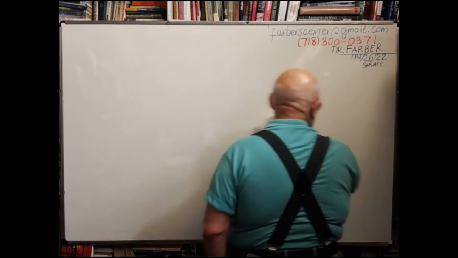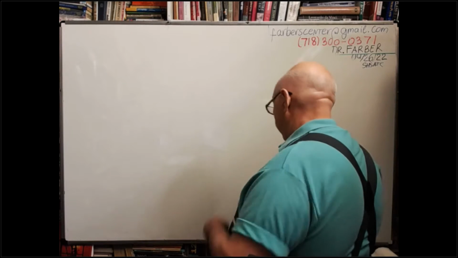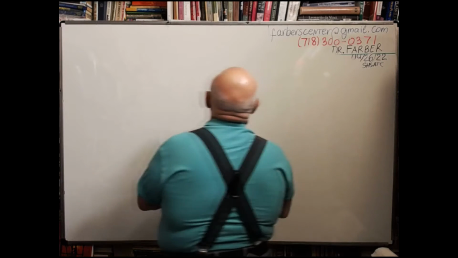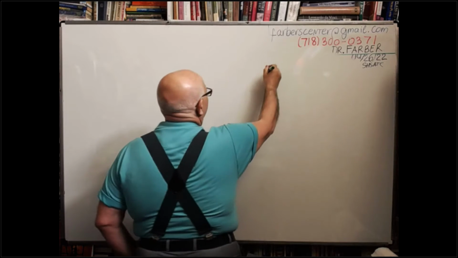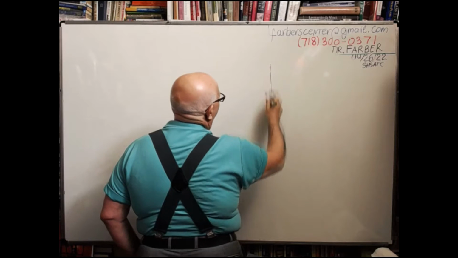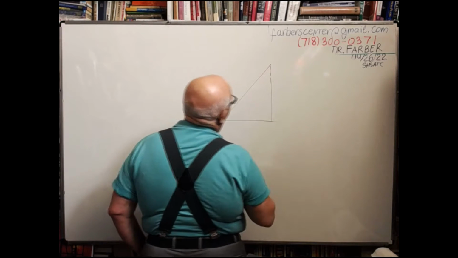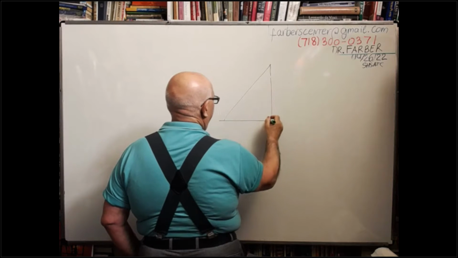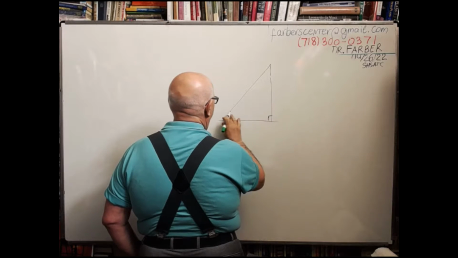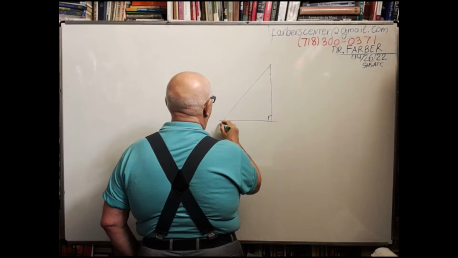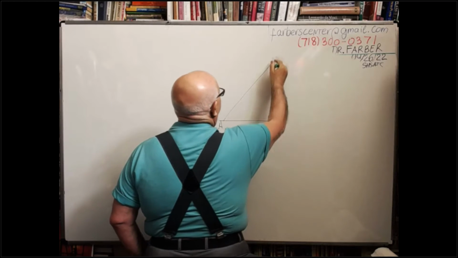Okay, let's make a picture together. Pretend we have a triangle. This is a triangle. I will name this triangle a right triangle. You know, in a right triangle, we have a 90 degree angle. And this is triangle ABC.